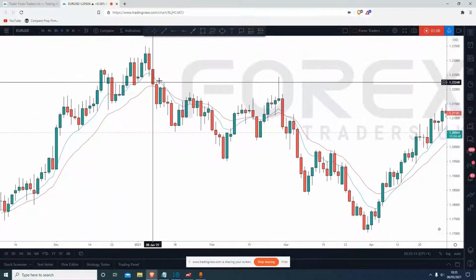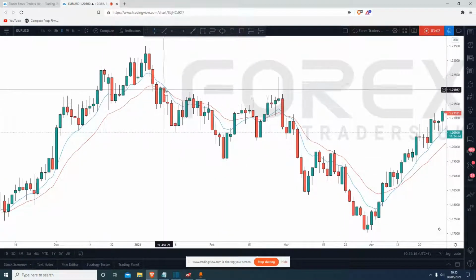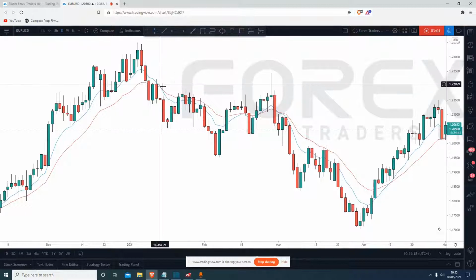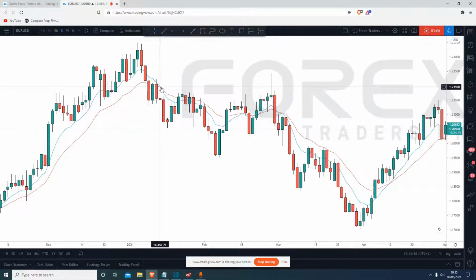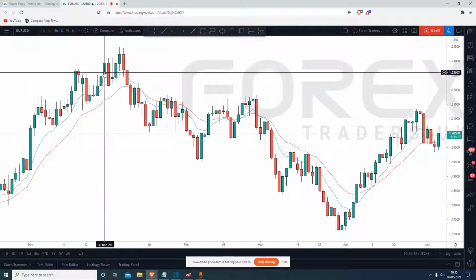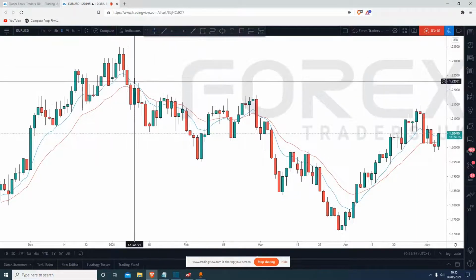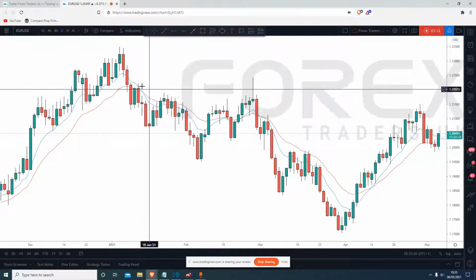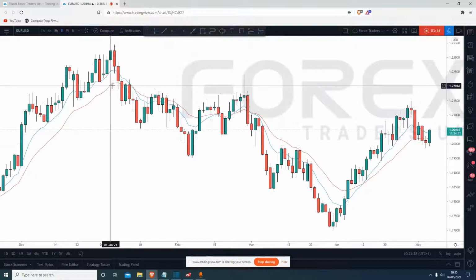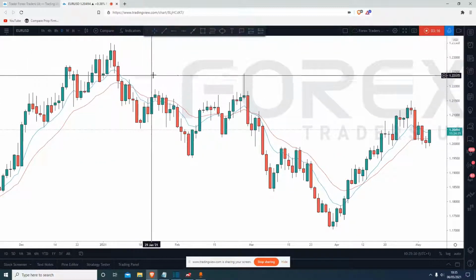So we can see how the moving averages formed this, and there would have been certain sell trade setups upon the moving average crossover, which could be clearly identified. We can see how clean and simple this setup is.